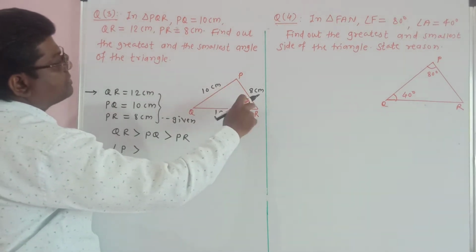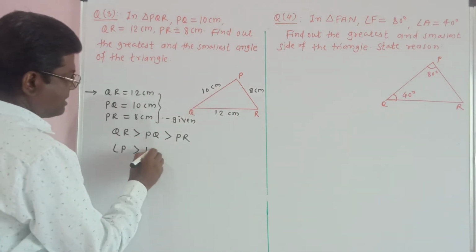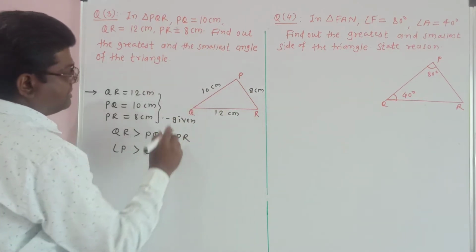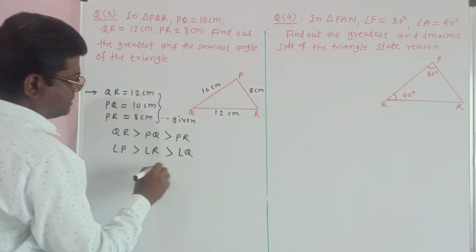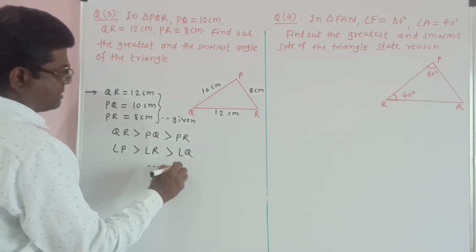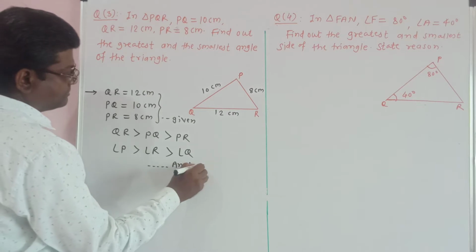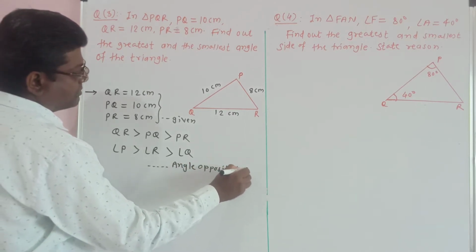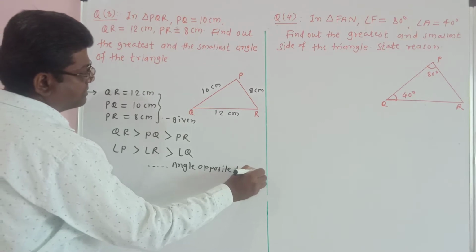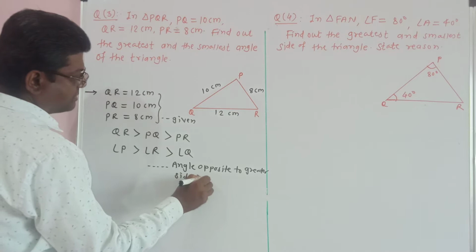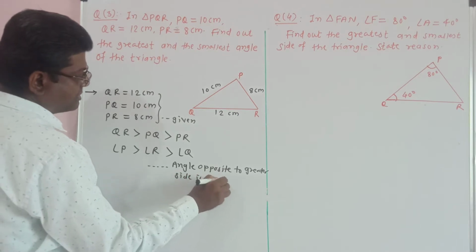The angle opposite to PQ is angle R and the angle opposite to PR is angle Q. Reason is angle opposite to greater side is greater.